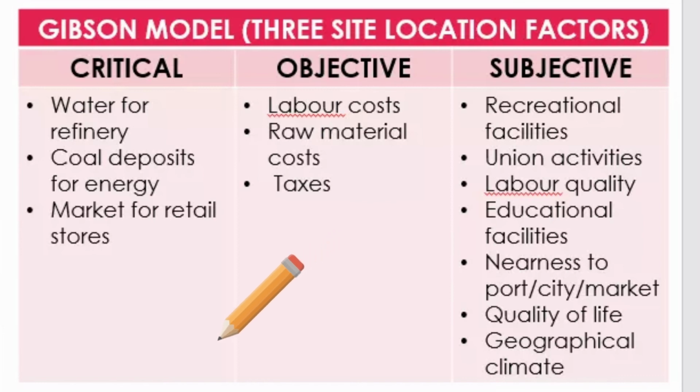For example are the labor cost, raw material cost, and taxes. For subjective, ito yung mga qualitative factor, katulad ng recreational facilities, union activities, labor quality, educational facilities, nearness to port, city, or market, quality of life, and geographical climate.